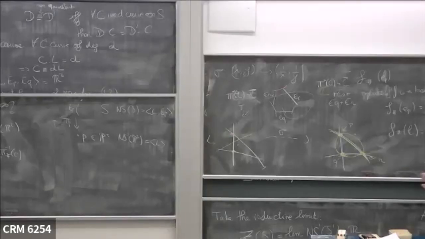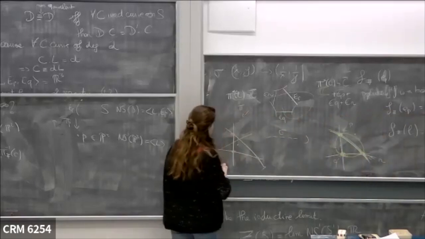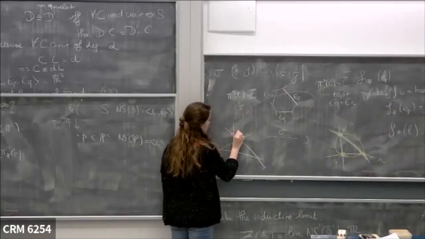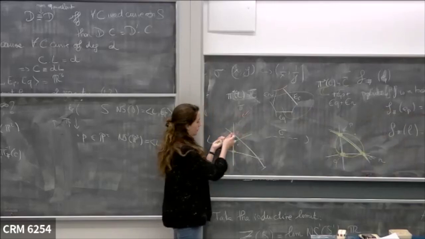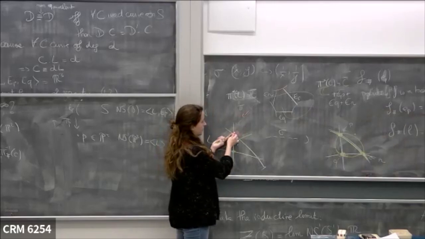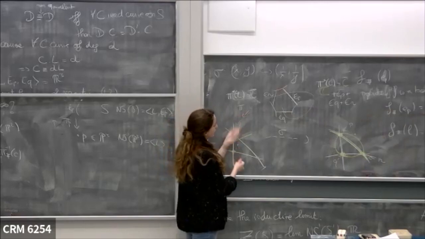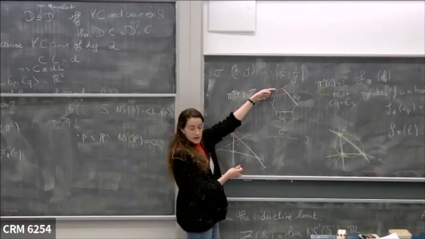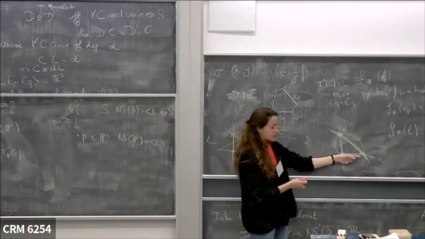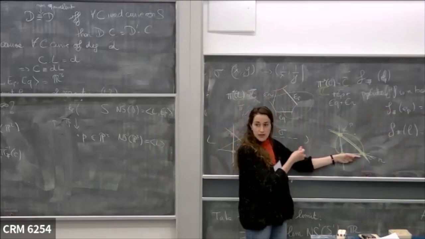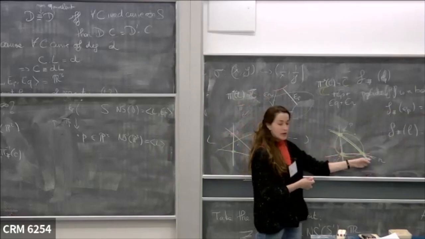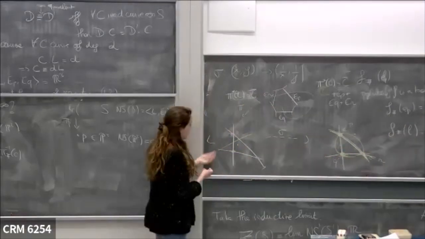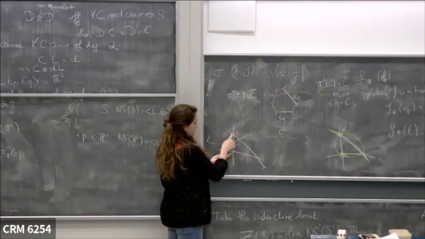Just for instance, if you want to understand the action on this point P: now you are here, and this line corresponded to this line, and doing the same trick, you will see that this corresponds to the class of the line minus EQ minus ER. So this will give you the result for these 3 points.